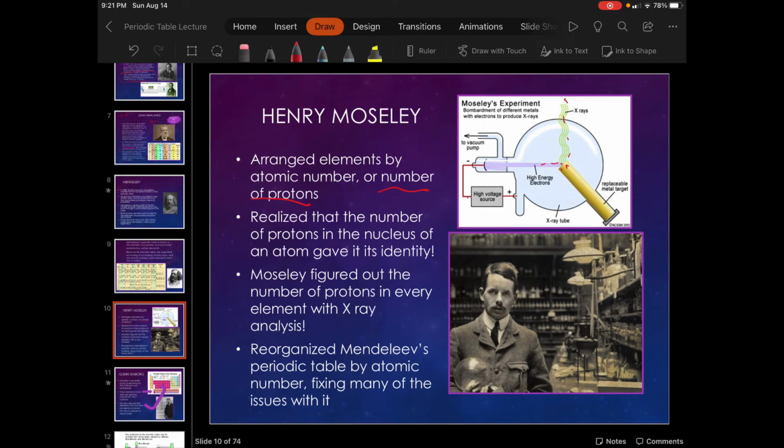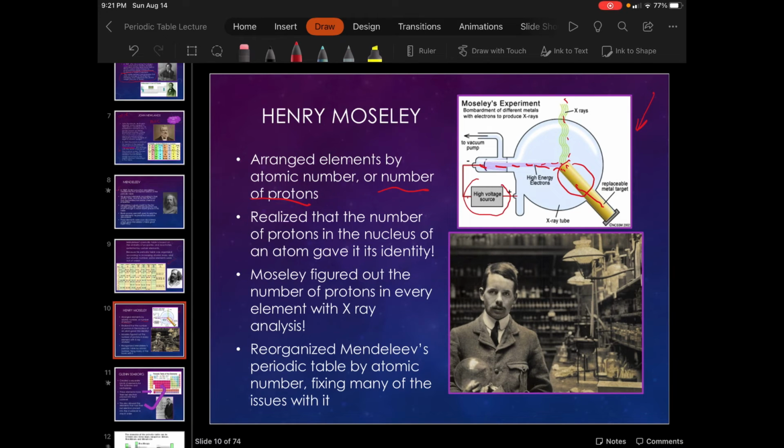He realized that the number of protons gave the atom its identity. Now, he figured out the number of protons in every element with an X-ray analysis, and that's what this is over here. So what he did was he bombarded specific metals with electrons. How did he do that?